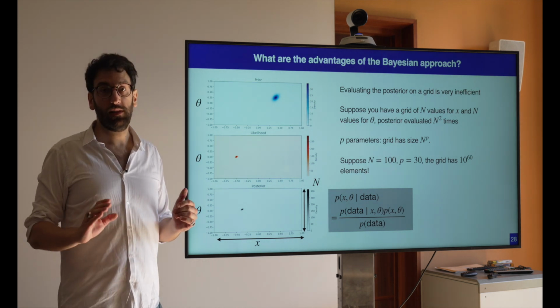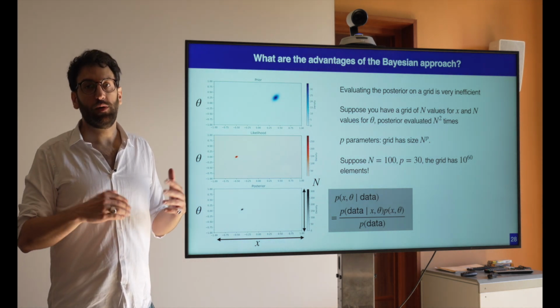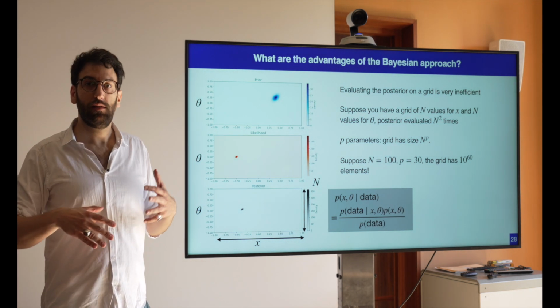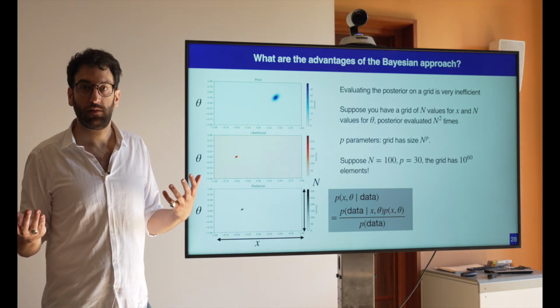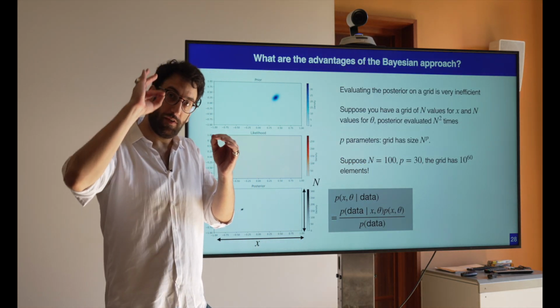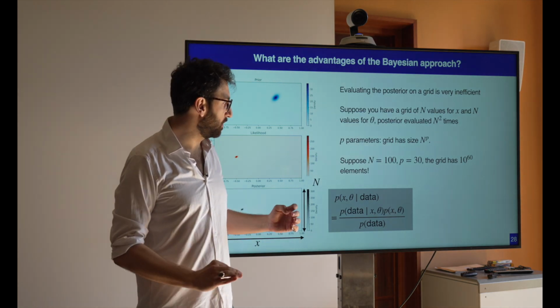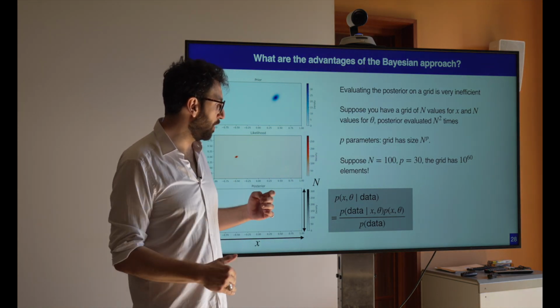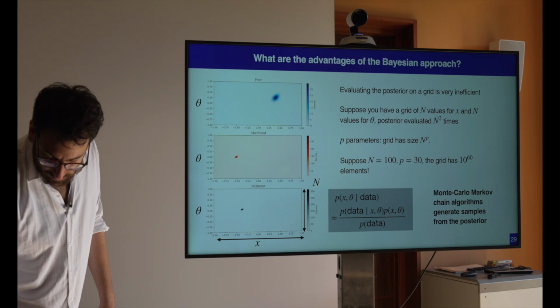But in AstroGeoFit, we typically have 20, 30, possibly close to 100 parameters. So suppose you have 30 parameters, and you just have a grid of 100 values per parameter.